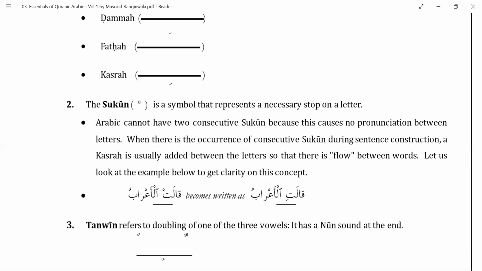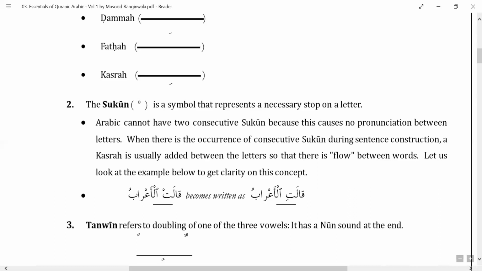You need a haraka before it to join. Whereas here, before it there is no haraka, there is a sukoon before it as well. So in this case, to get a flow between these words, a kasra is usually added between these. So this qalat and i'rabu is read as qalatil i'rabu.